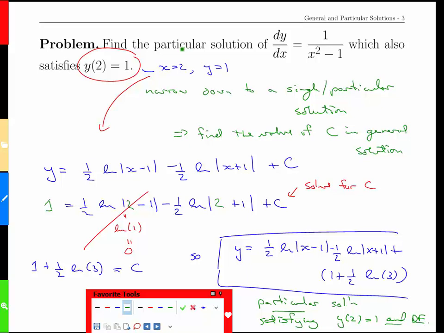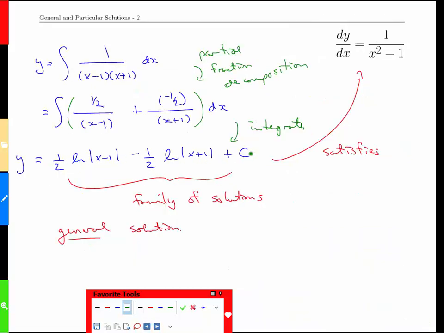And so that's the distinction between a particular solution, which is a simple formula we could graph, versus the general solution, which had some undetermined value in it that could be chosen however we liked. It wasn't dictated by the differential equation itself.